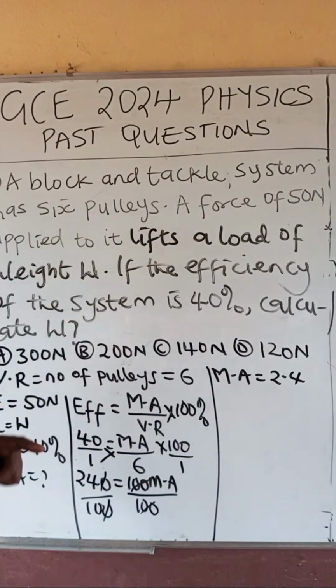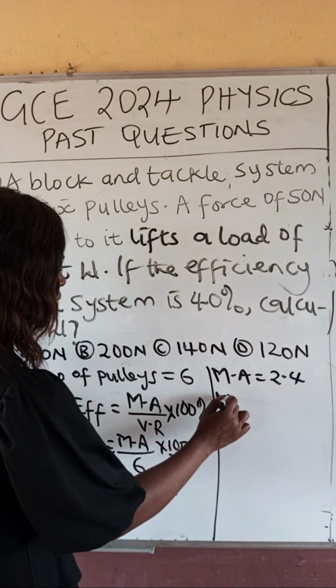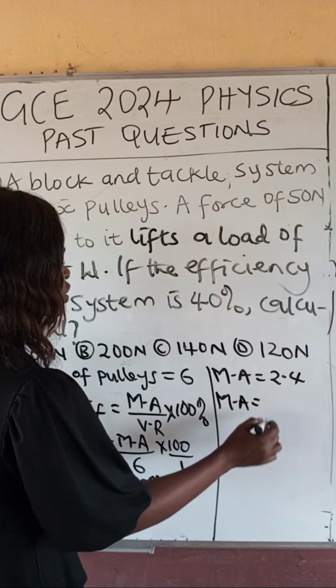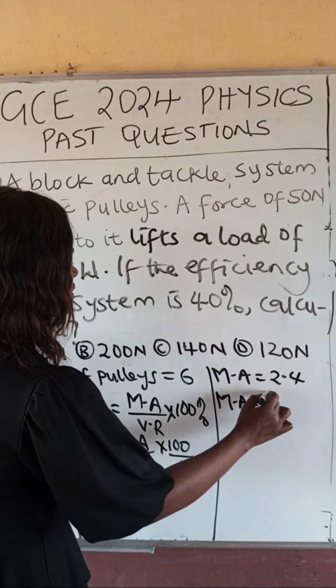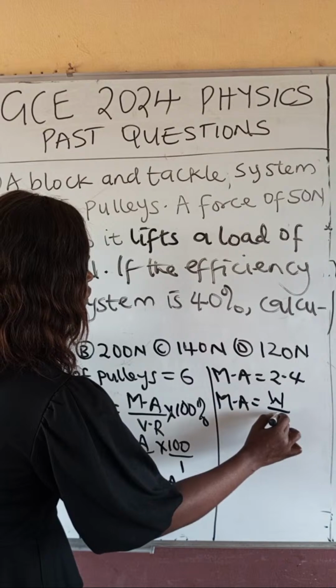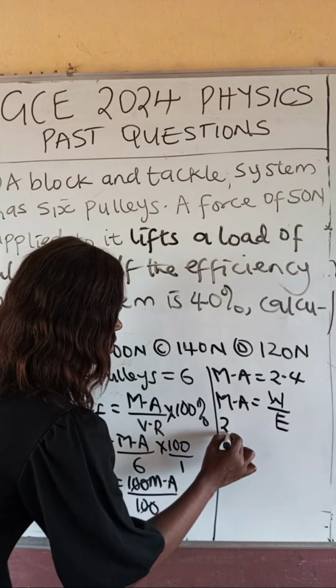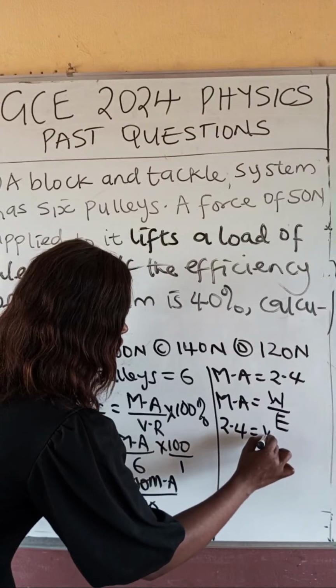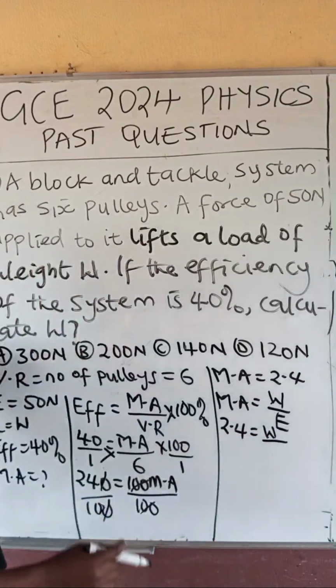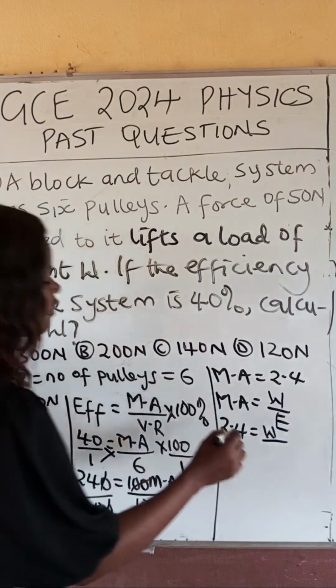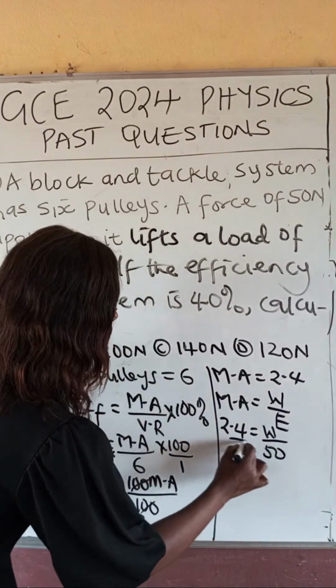Remember that MA has no units, okay? The mechanical advantage, MA, is equal to load over effort. But here, the load is given as W over effort. Now, let's go. We say 2.4 is equal to W over my effort, which is given as 50, over 1.